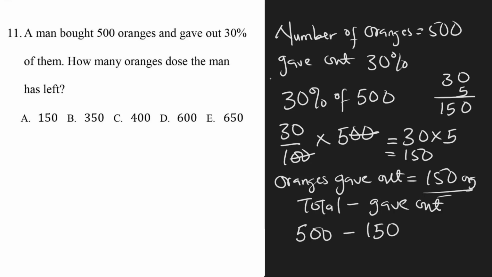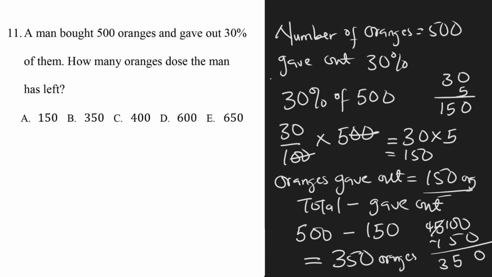So let's subtract it. 500 minus 150. 0 remain 4. Put 1 here. 10 minus 5 is 5. And 4 minus 1 is 3. So he is left with 350 oranges. So the answer is 350. So let's check our options. From our options, the answer is B.